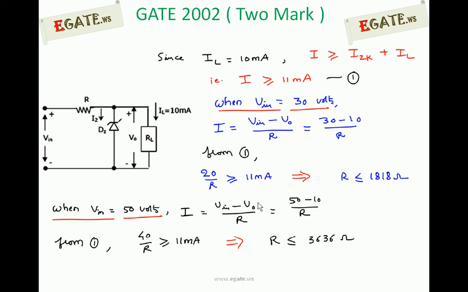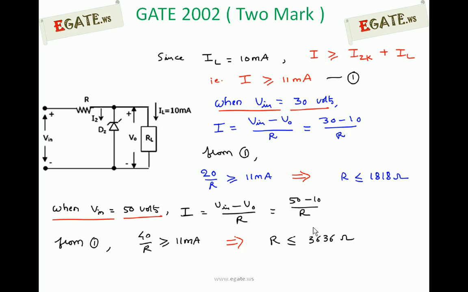From these two cases, the R value has to be less than or equal to 1818 and also less than or equal to 3636. You cannot choose a value between 1818 and 3636. If you choose like that, this condition is satisfied but the other condition fails. So if you choose the R value less than 1818 ohms, it satisfies both cases.